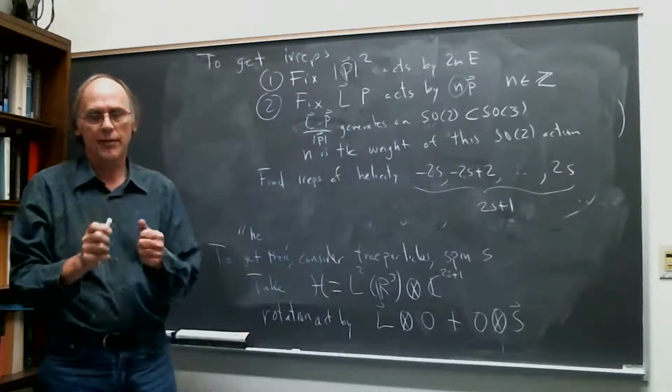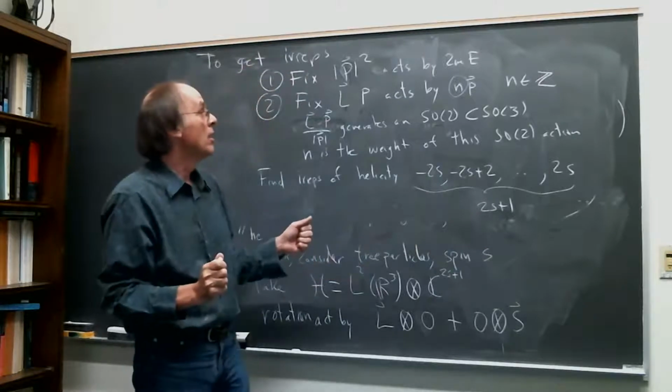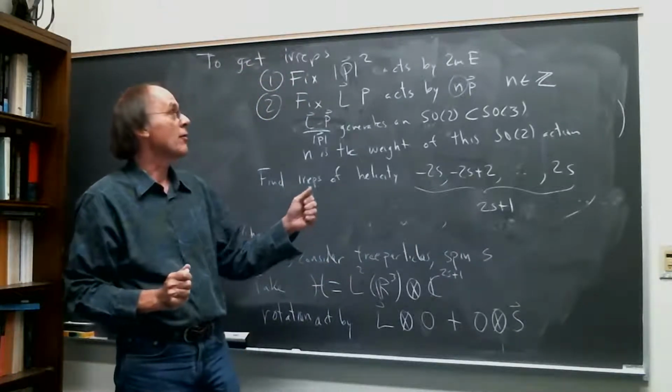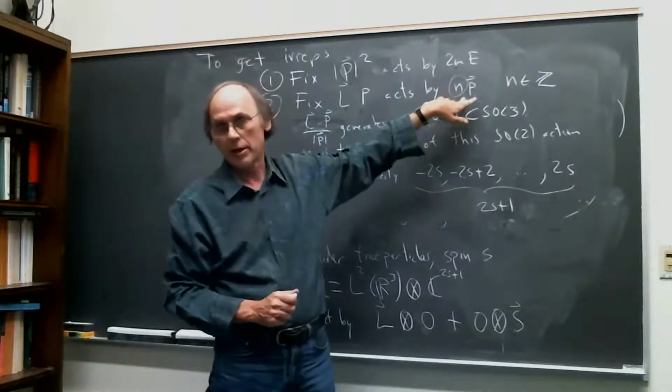If you ask a mathematician what the possible representations are, they're going to say they're labeled by a positive real number and by an integer.